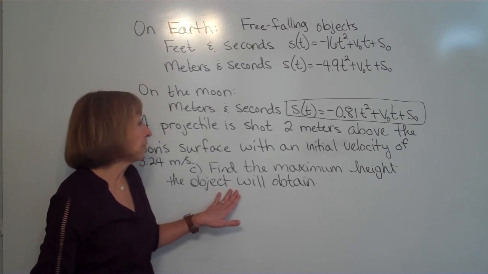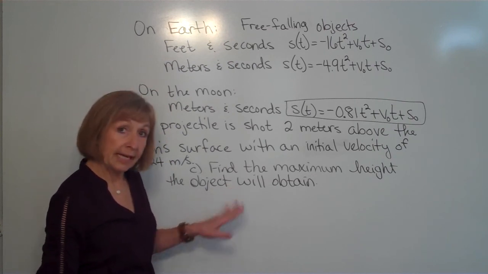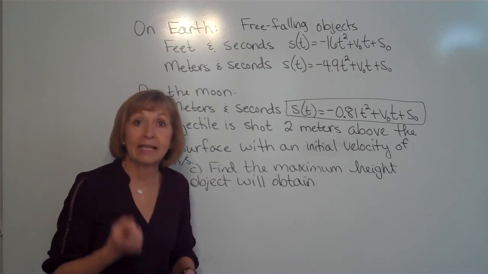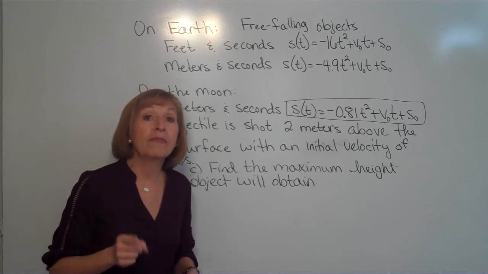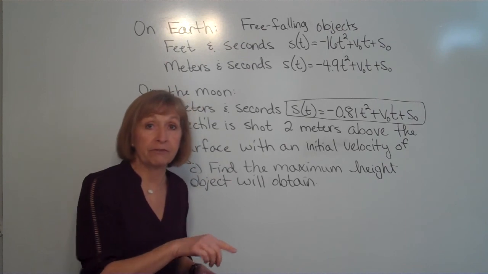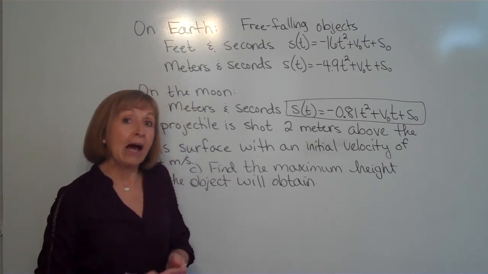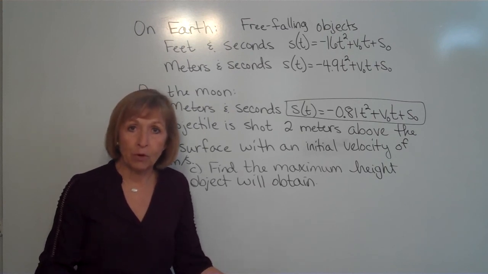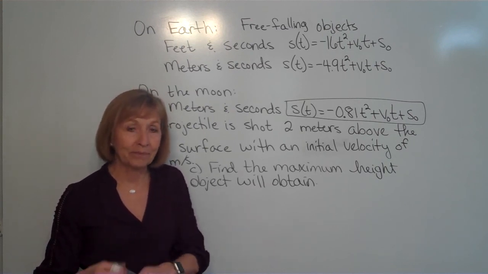So to find the maximum height the object will attain, we first want to find the time at which the instantaneous velocity is 0, and then run that time through the position function to see how high above, or what the position of that object was at that time.